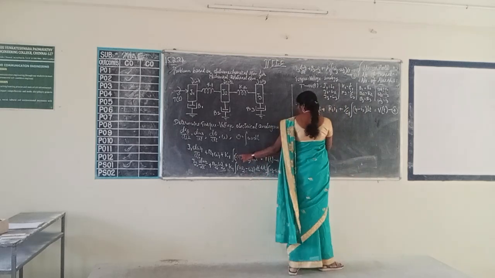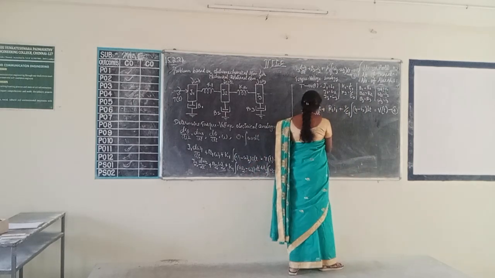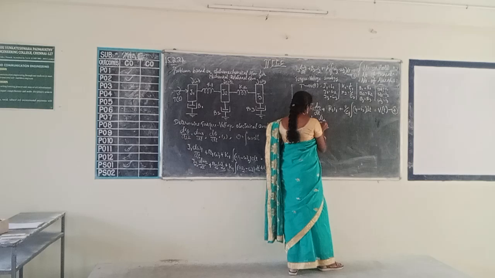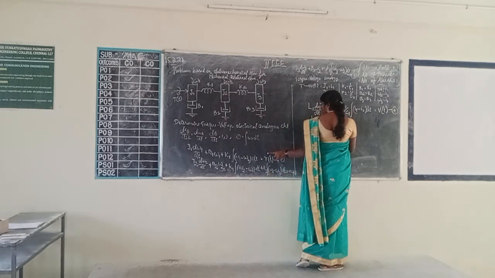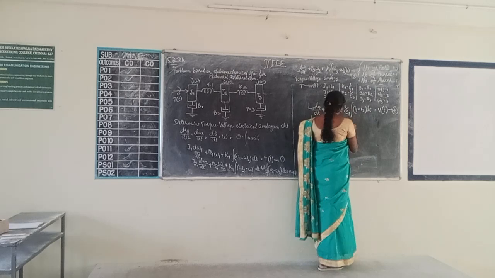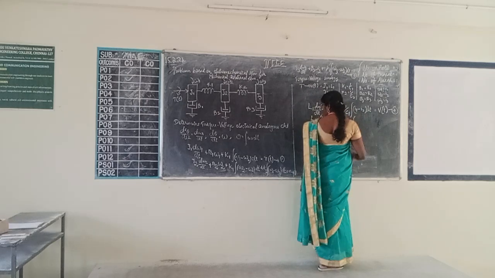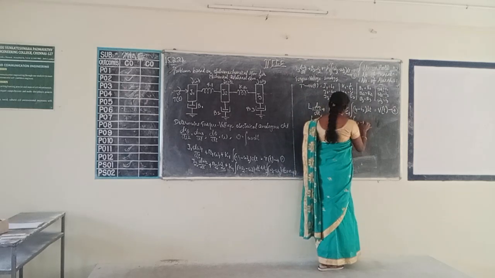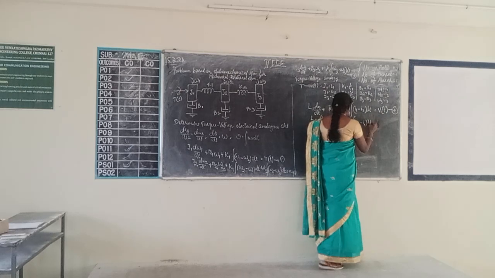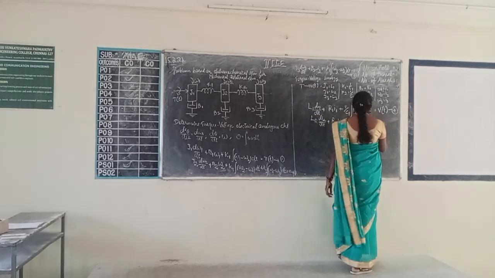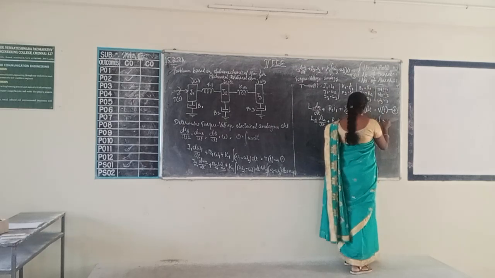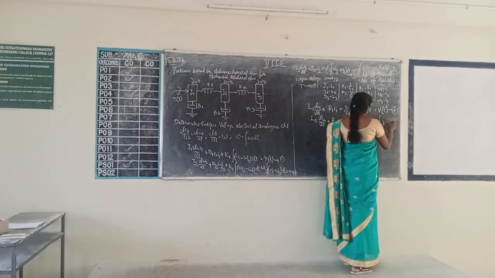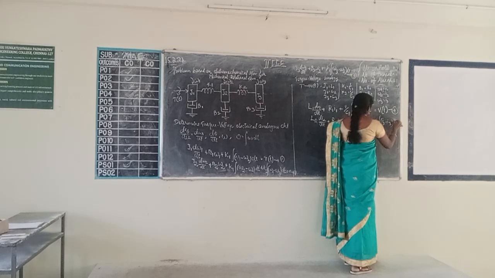And likewise for J2, that is L2 di2 by dt plus R2 I2 plus 1 by C1 integral of I2 minus I1 dt plus 1 by C2 integral of I2 minus I3 dt is equal to 0.